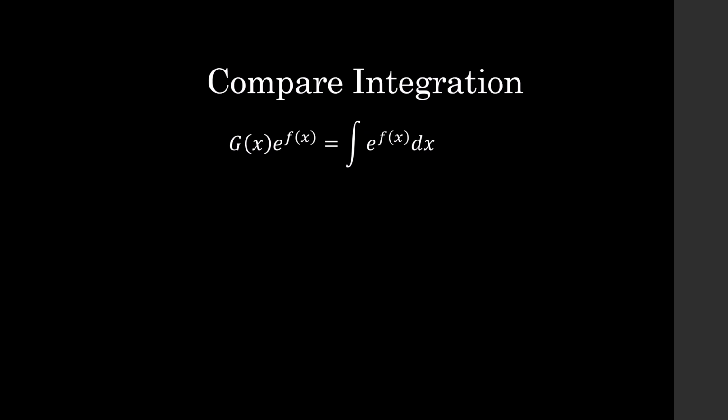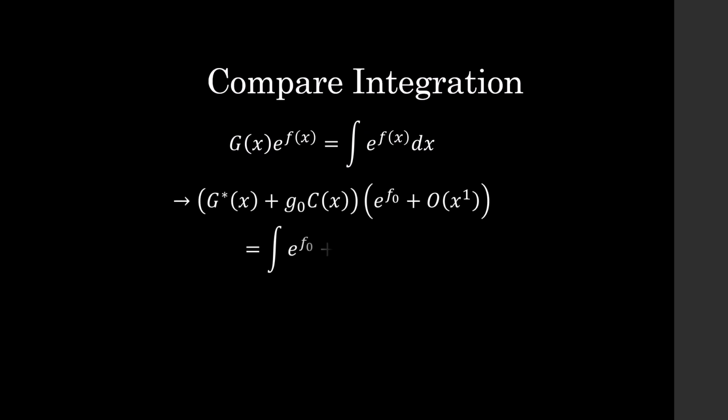Now we can compare the integration, so we can think about how our form is actually going to work. We plug in our two different forms, for g being g star plus g naught c, and our e to the f being e to the f naught plus this order x polynomial.